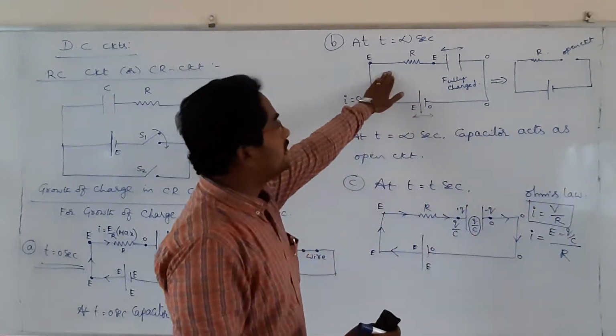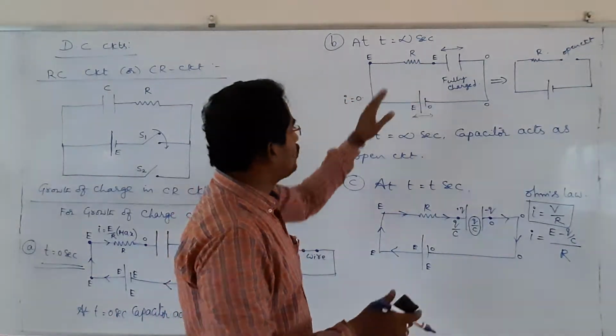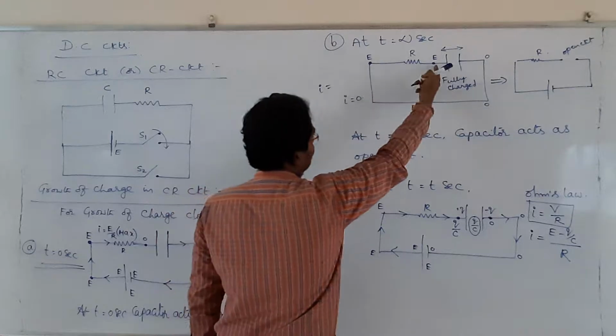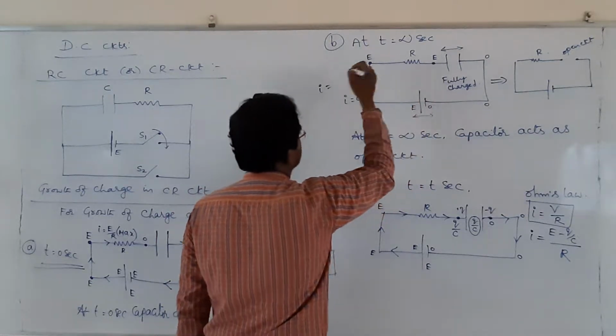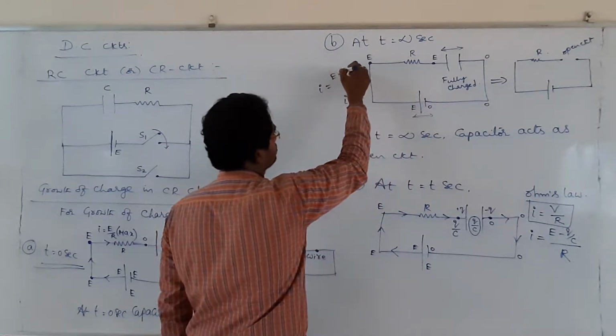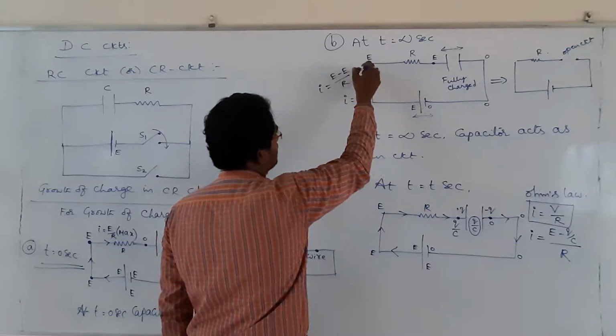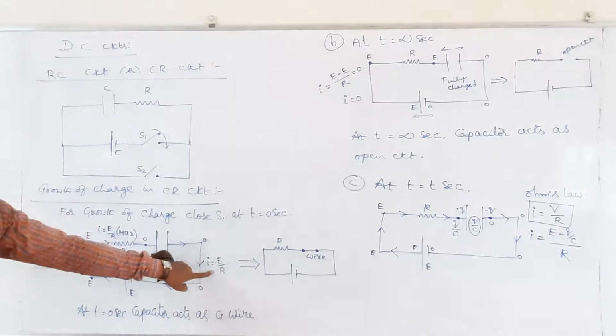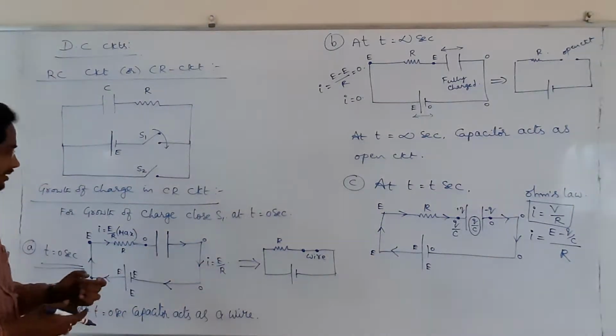Here also we did it like that. According to Ohm's law, how did we write the current value? Potential difference E minus E, 0, by R. So 0. And here what is the current value? I told you E by R. How did I say that?